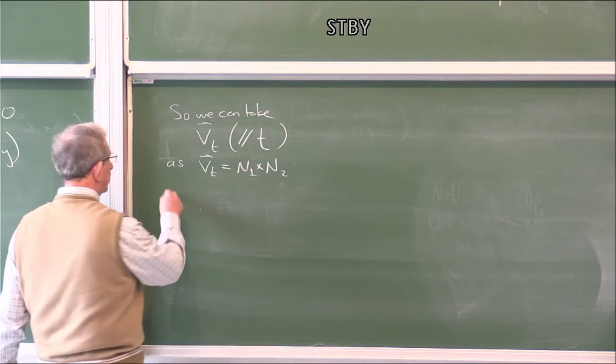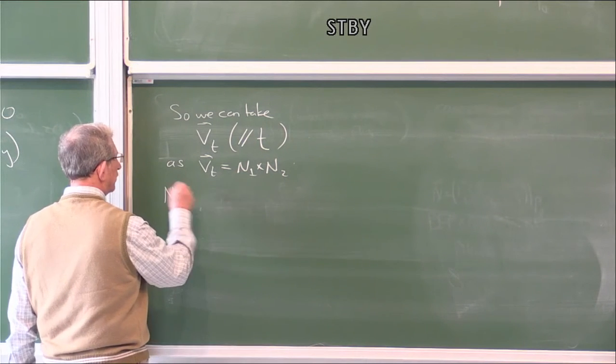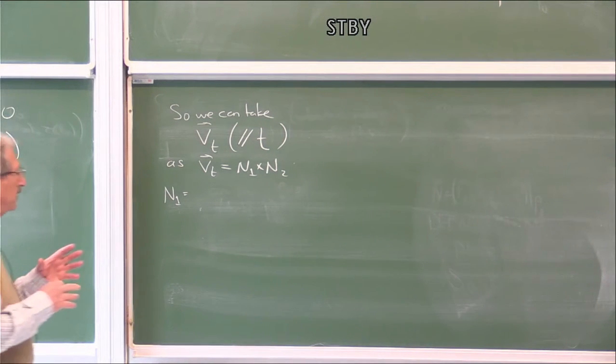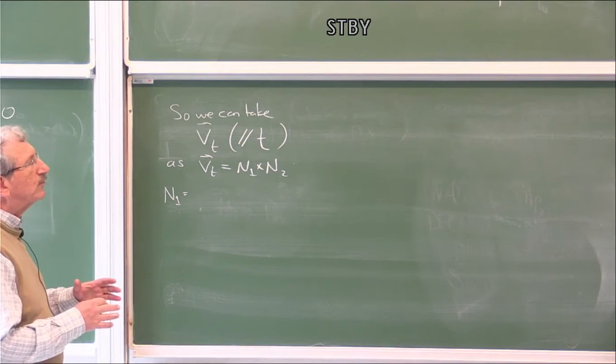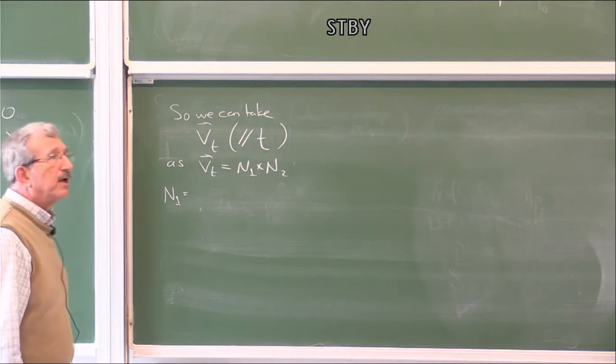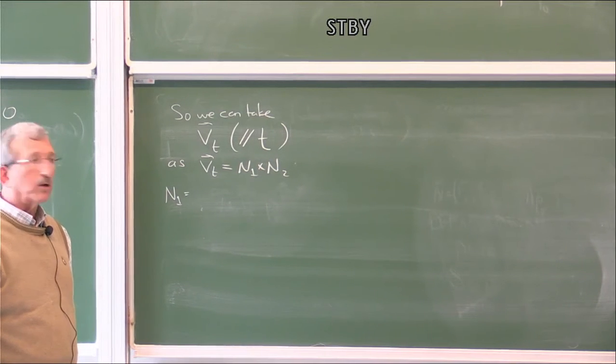Well, before that, let us calculate N1. Remember, N1 is a vector perpendicular to the tangent plane drawn to pi1. And pi1 is up there. It's an ellipsoid. Okay.